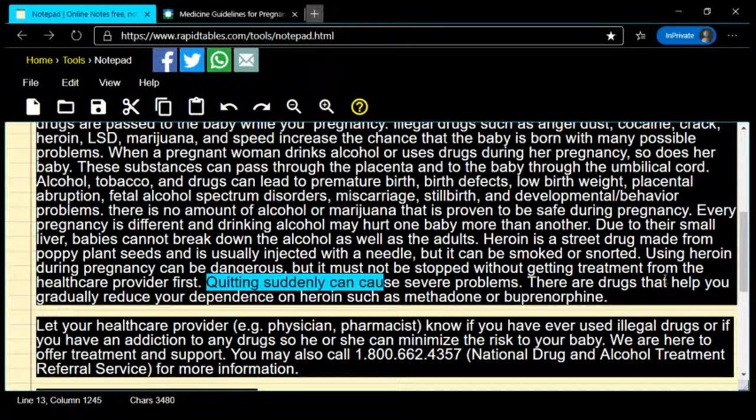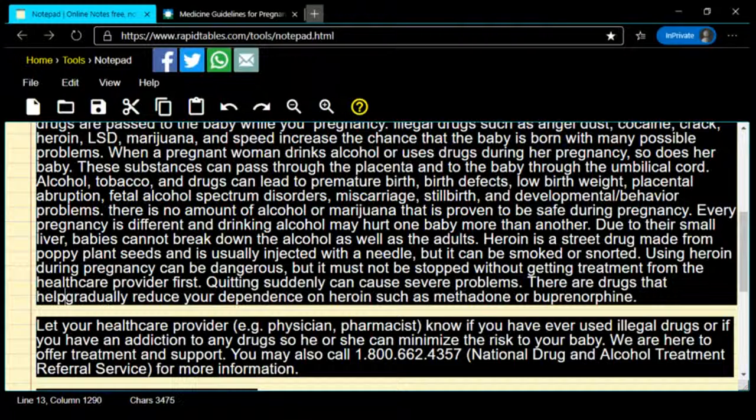There are drugs that help gradually reduce the dependence on heroin, such as methadone or buprenorphine.